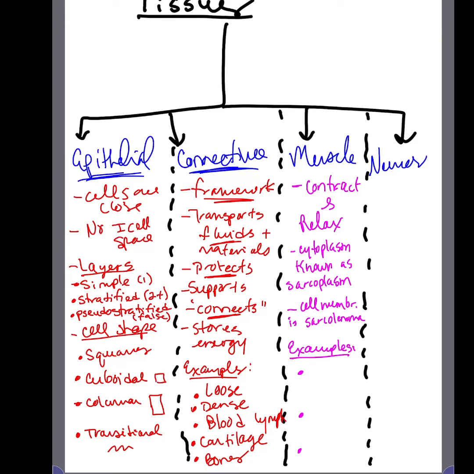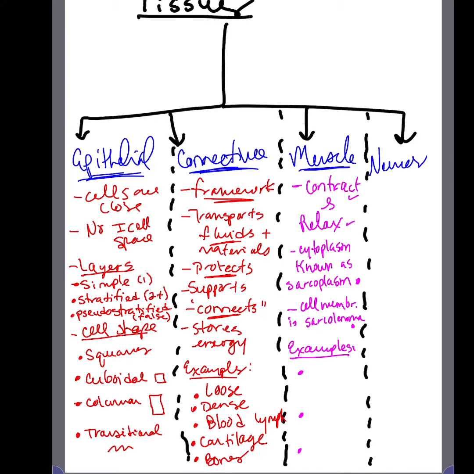The third type of tissue is muscle, and for this one, muscle tissue, it literally is going to contract and relax in order to move. Some of the characteristics is that the cytoplasm is also known as the sarcoplasm, and the cell membrane, we call it the sarcolemma.